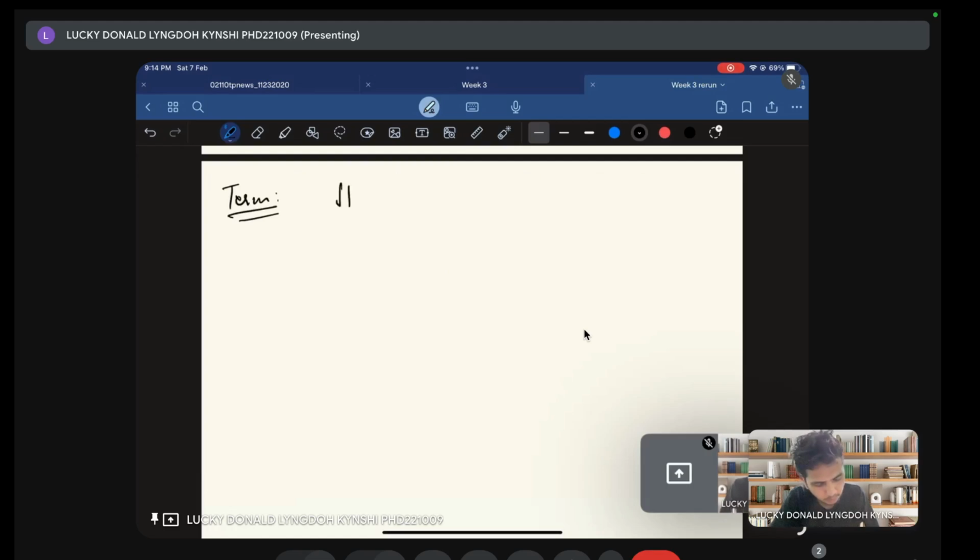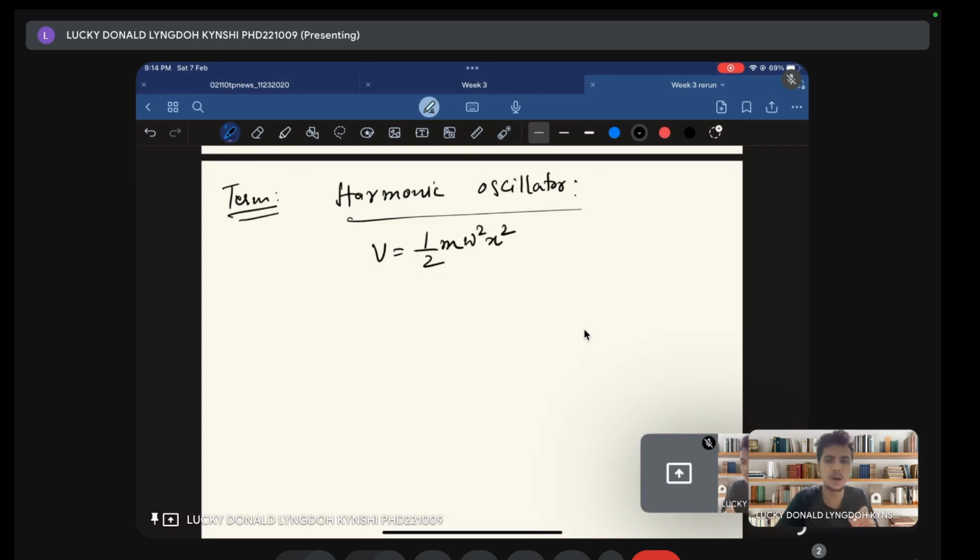which is harmonic oscillator. Okay, because the third problem is related to a harmonic oscillator. In a harmonic oscillator, the potential is half m omega square x square. If I want to draw it out, it will be something like this.